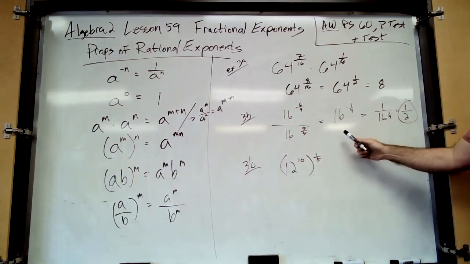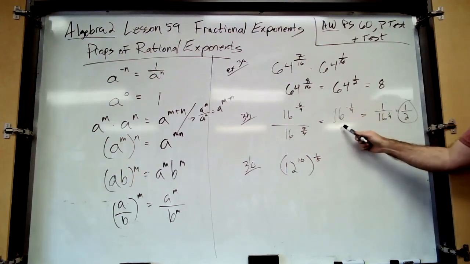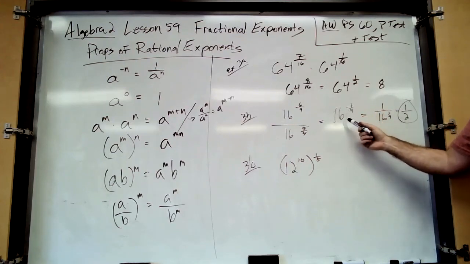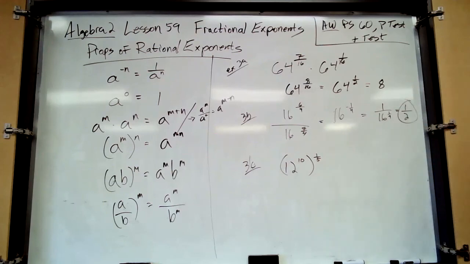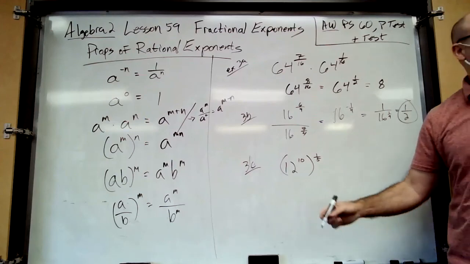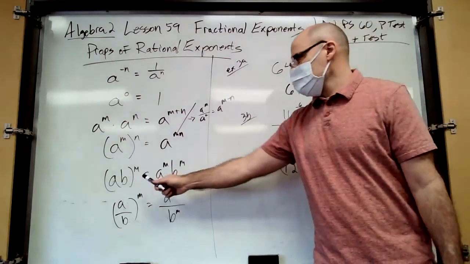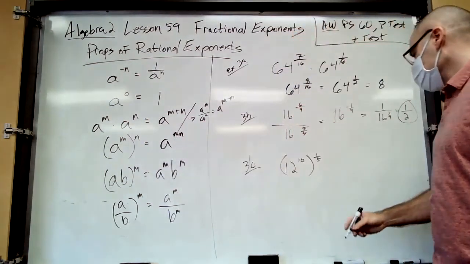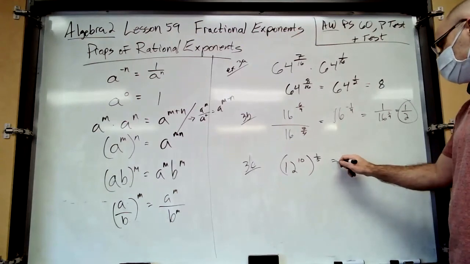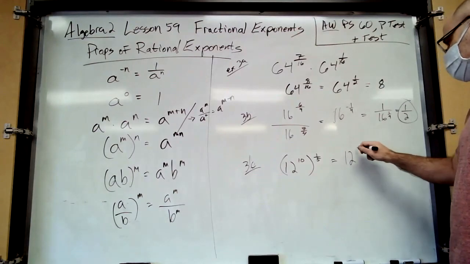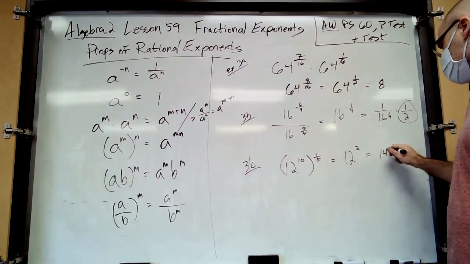Like I could have put this on the bottom first, or I could have taken the fourth root and then still have a negative number. But so what do you do first? You multiply them. Remember, when you have a power raised to a power, you multiply them. 10 times 1/5 is 2, so 12 squared, which is 144. You're done.